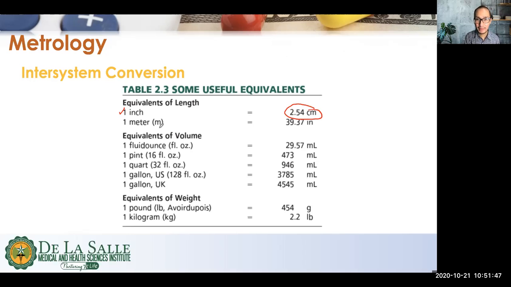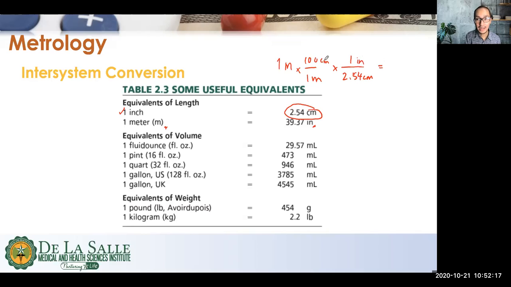Now, you don't have to remember this, because you can just convert from centimeter to meter. It's easy. We know that 1 meter is equivalent to 100 centimeters, and we also know that 2.54 centimeters are equivalent to 1 inch.